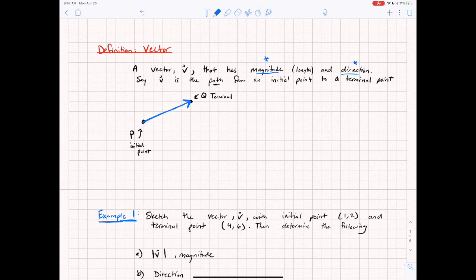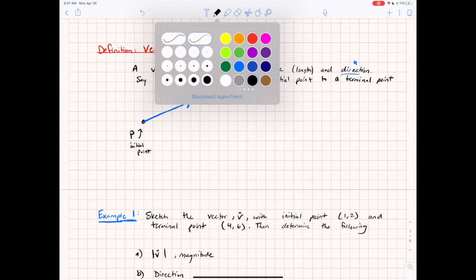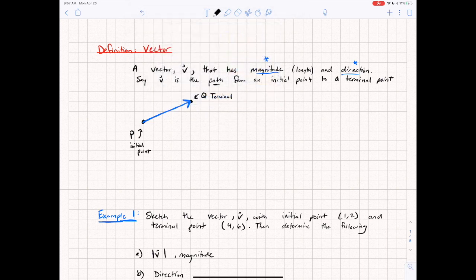All right, now we talked about how a vector is actually defined in terms of its magnitude and its direction. And so if we do not have an initial and terminal point, then what I could do is describe this vector v here in terms of its magnitude and in terms of its direction.